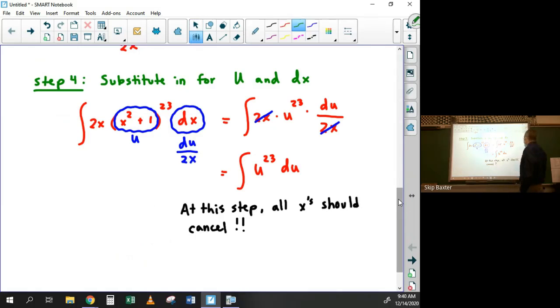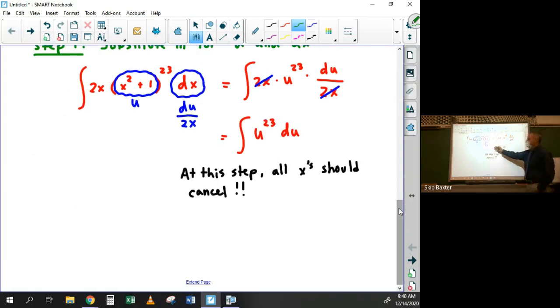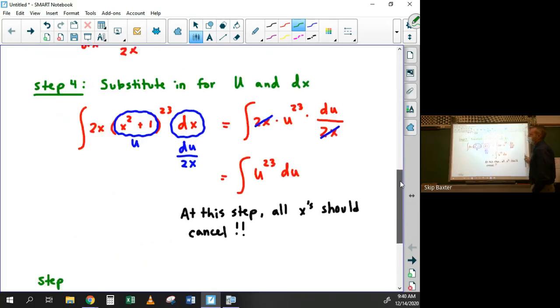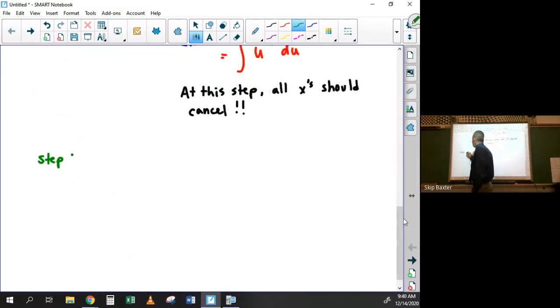So step 5, now we have an expression that's easily integrable, right? The integral of u to the 23rd du is easy to integrate. It's just a simple little polynomial term. Step 5 is to just integrate.